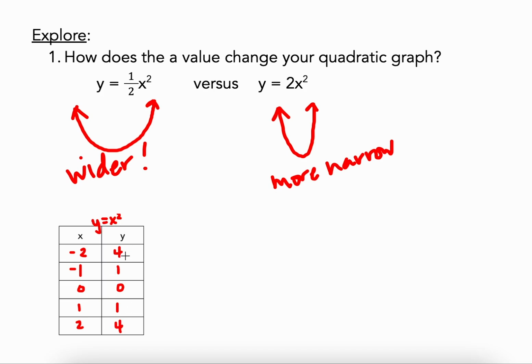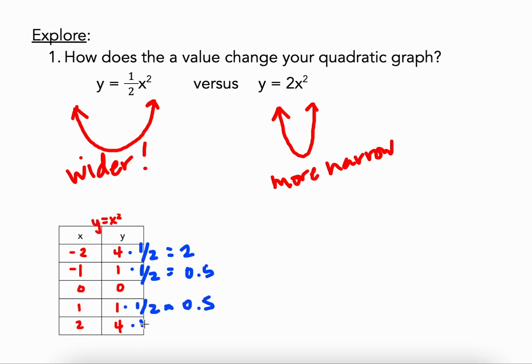We're taking our y value and we're multiplying by an extra 1/2. Well, what's 4 times 1/2? That would be 2. What's 1 times 1/2? That would be 1/2. I'm going to put 0.5. And then this one will still say 0 because anything times 0 is still 0. 1 times 1/2 is 1/2.